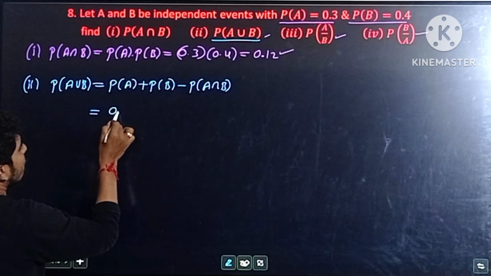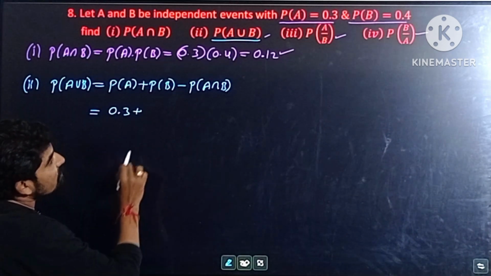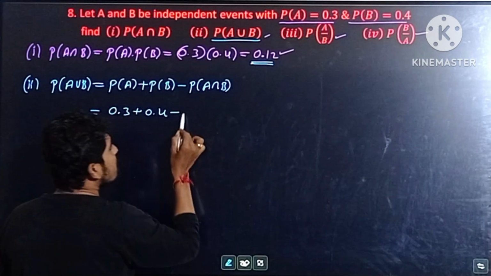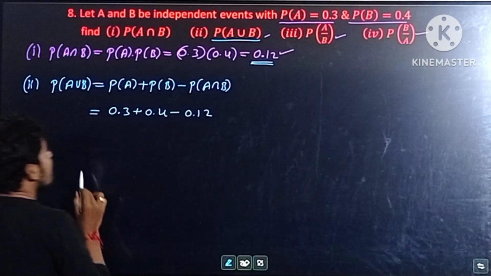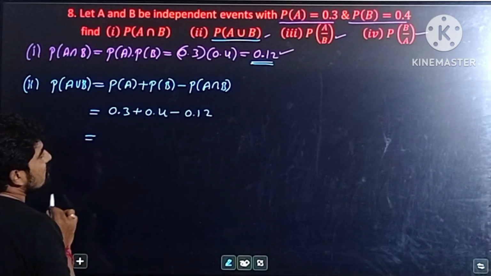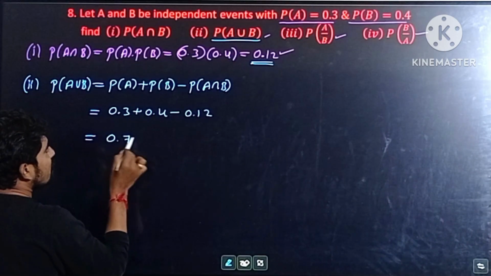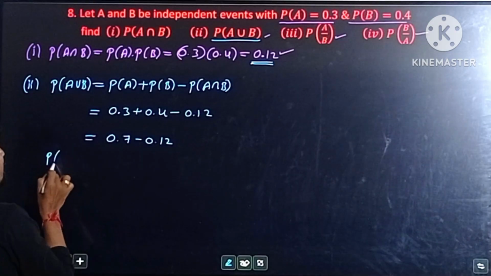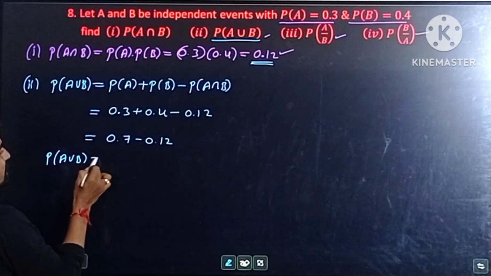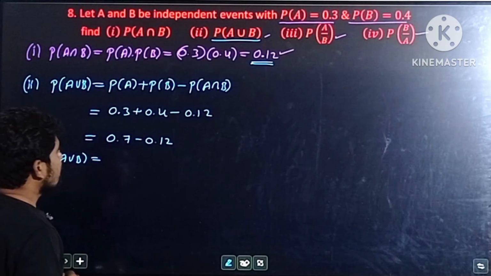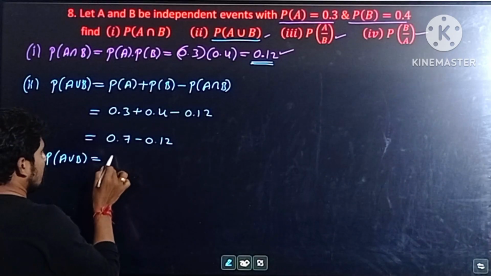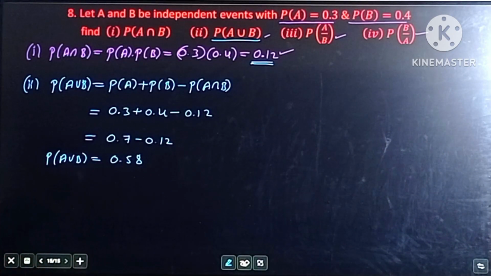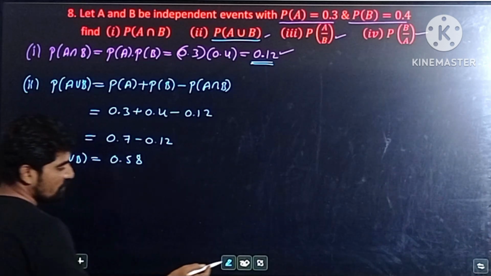Probability of A is 0.3 plus probability of B is 0.4 minus probability of A intersection B is 0.12, which is equal to 0.3 plus 0.4 is 0.7, minus 0.12. So the required probability of A union B is 0.7 minus 0.12, which is equal to 0.58.